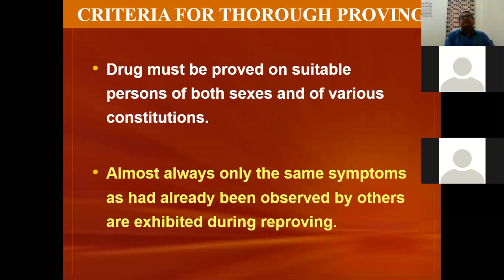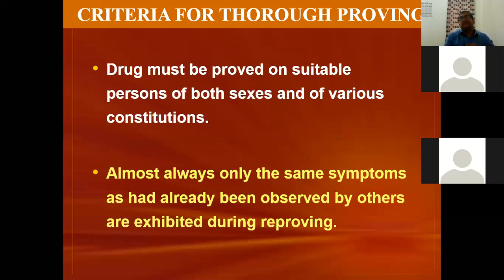Criteria for thorough proving: the drug must be proved on suitable persons of both sexes and of various constitutions. Almost always only the same symptoms as have already been observed by others are exceedable during the proving. Suppose you have 50 persons on whom proving is going on.